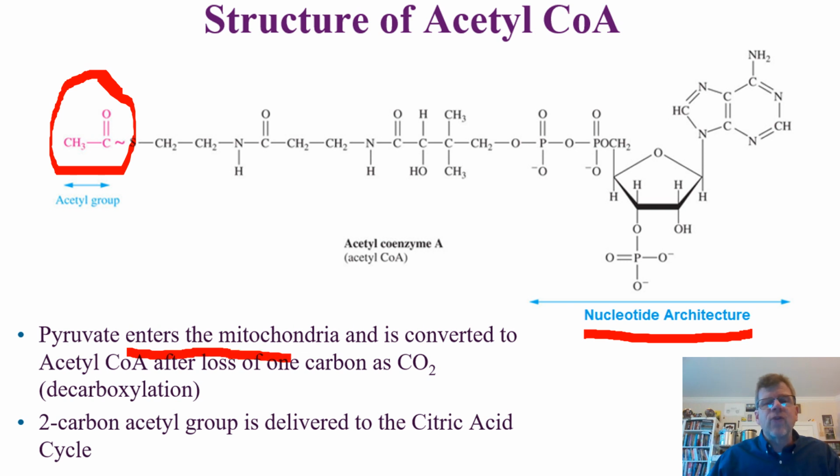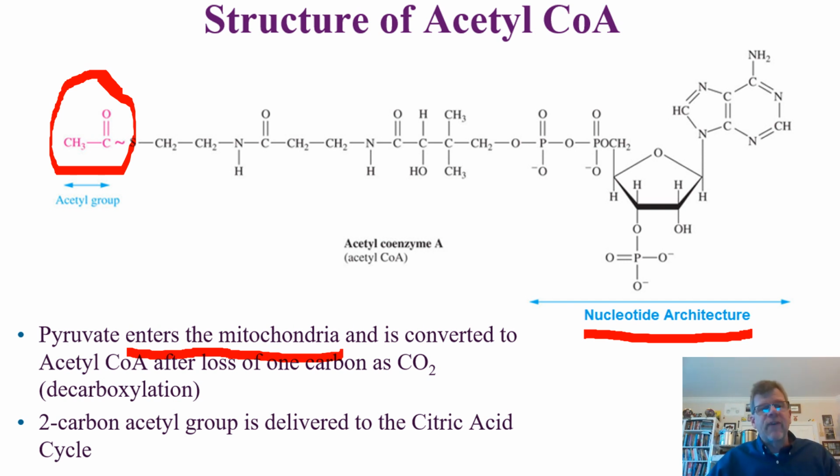Now let's think about this. Inside the mitochondria is where this citric acid cycle is happening. But where does the pyruvate come from that fires that citric acid cycle? It is a byproduct of glycolysis, which happens outside the mitochondrion. Remember, glycolysis occurs freely in the cytoplasm of the cell, whereas the citric acid cycle is relegated only to inside these cell organelles, the mitochondria.